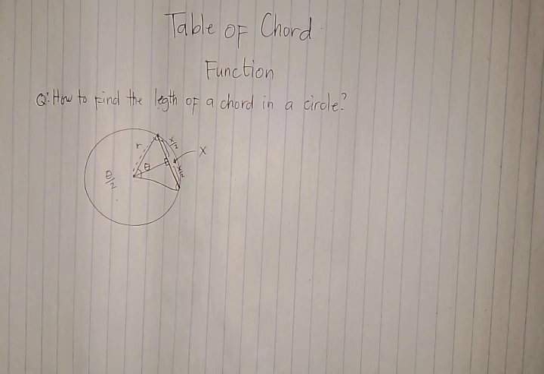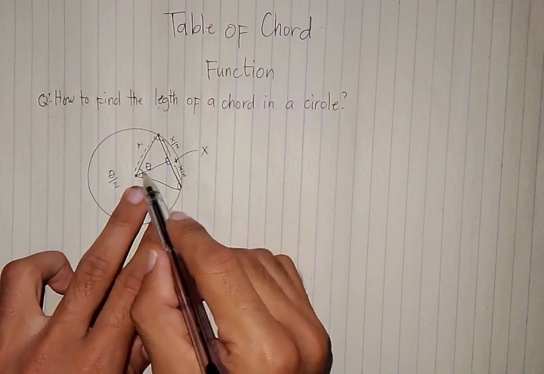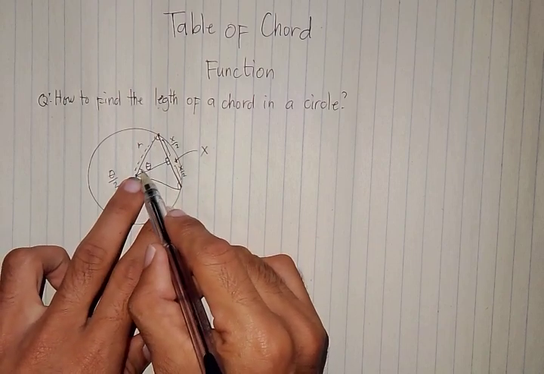So in order for us to know the formula to find the length of a chord, we start with the trigonometric ratios. We start to use trigonometric ratios, class. What should we use to find the length of a chord among the three ratios: sine, cosine, or tangent? As you can observe, class, in this triangle, this is angle theta.